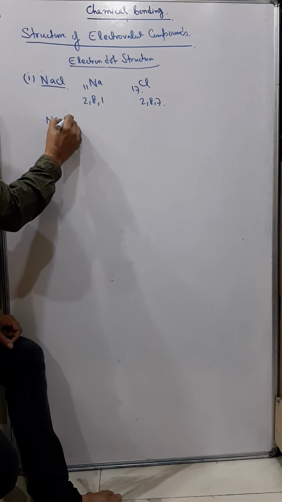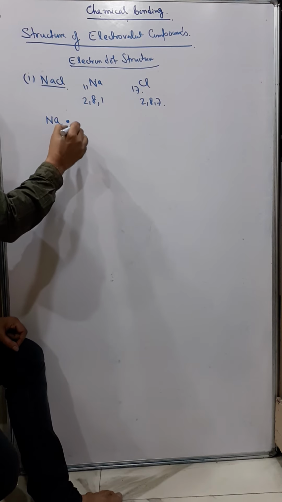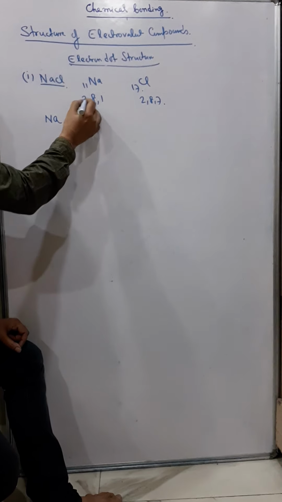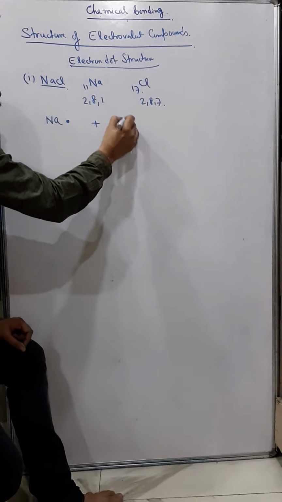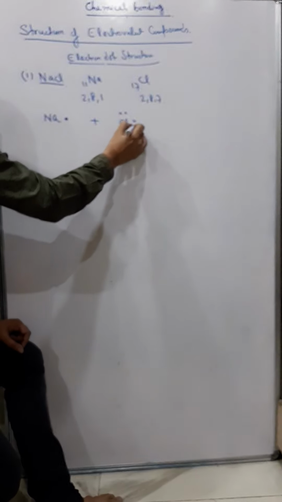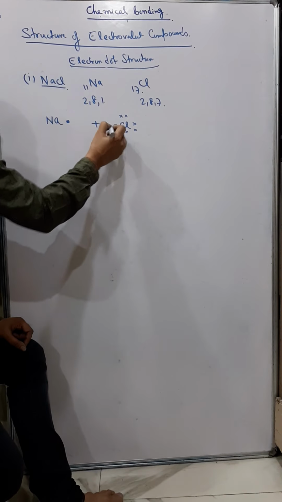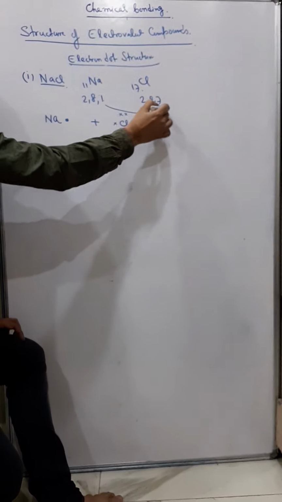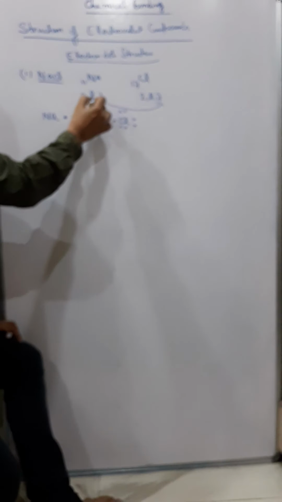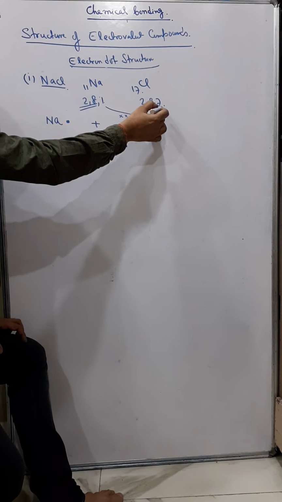Now see, sodium having one electron, its electronic configuration is 2, 8, 1, and chlorine has 7 electrons. So sodium will give 1 electron to chlorine. So sodium will become stable, chlorine will also become stable.